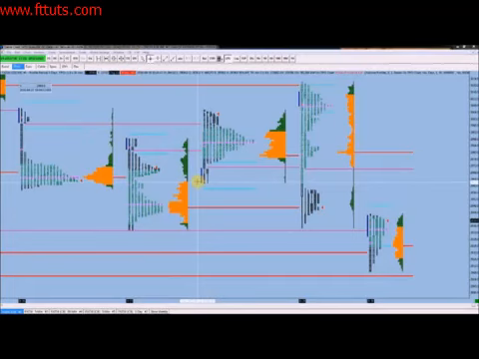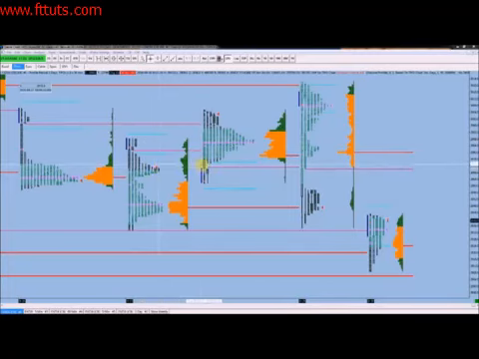And of course, in that situation, the value area highs and the value area lows represent areas of support and resistance. And it happened beautifully on this day. We had a day where we had accepted value, we shifted out of value, we closed out of value.